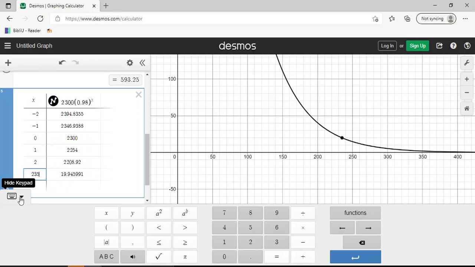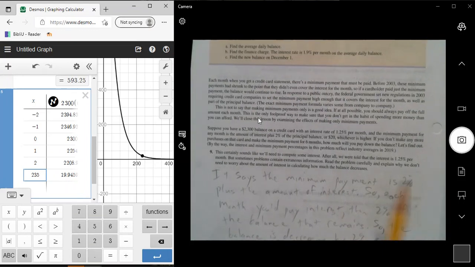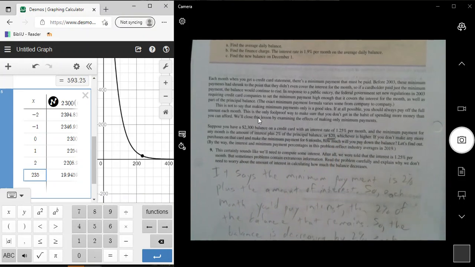Okay, let me explain this to you. Earlier, when we looked at problem number 9, it said in the direction that you would pay the minimum payment for any month. It says the minimum payment for any month is the amount of interest plus 2% of the principal balance, or $20, whichever is higher.